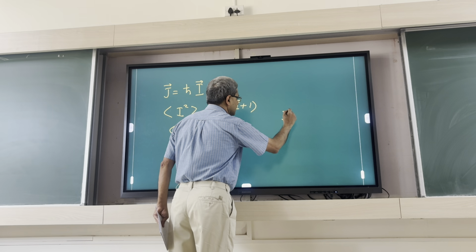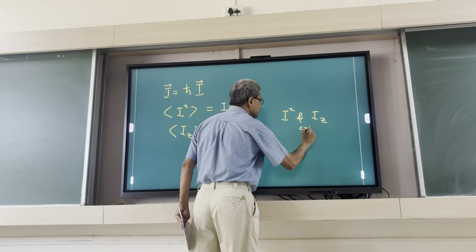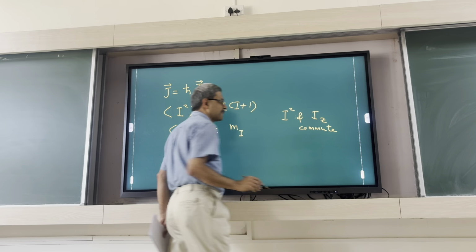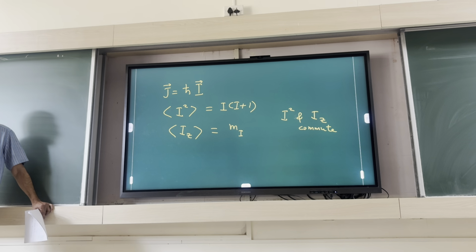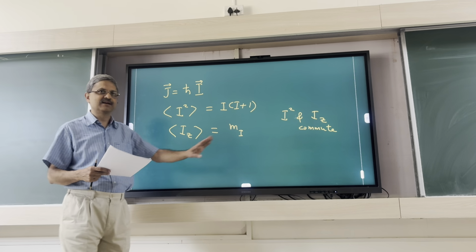So I square and Iz commute with each other. In quantum mechanics, you know what this means when they commute with each other. Simultaneous measurements. You can find simultaneous eigenvalues.